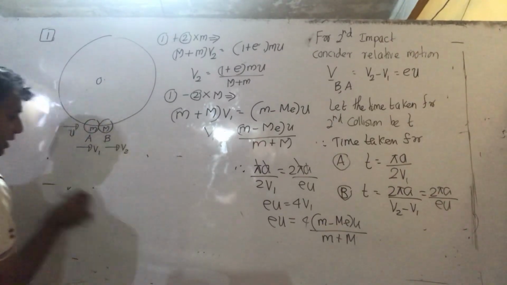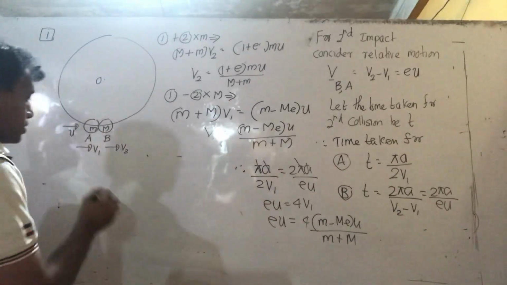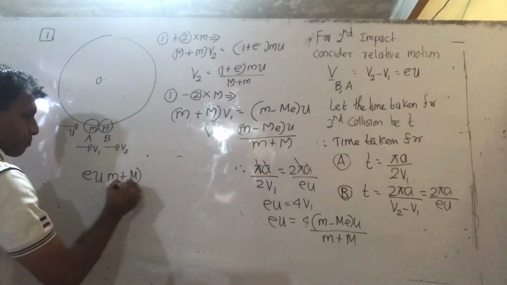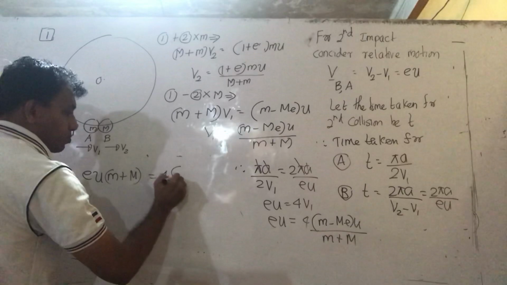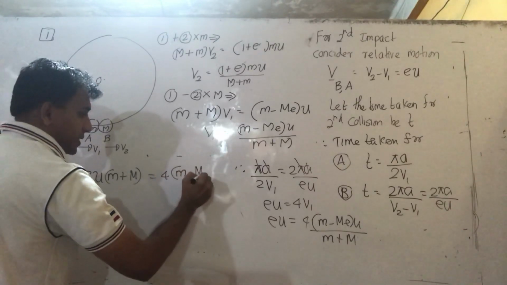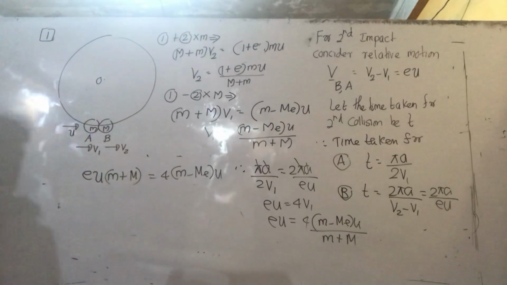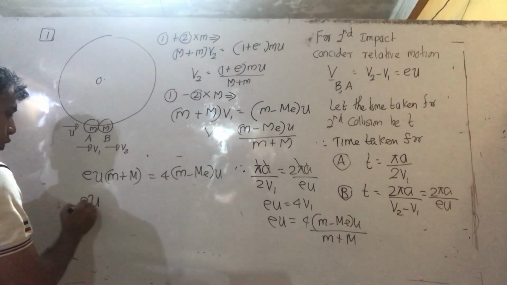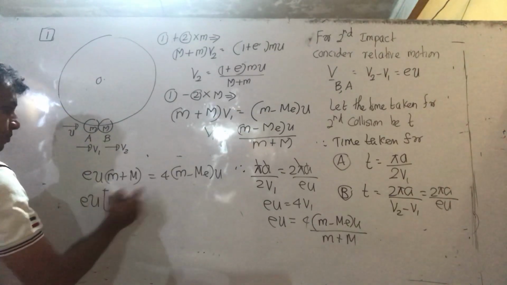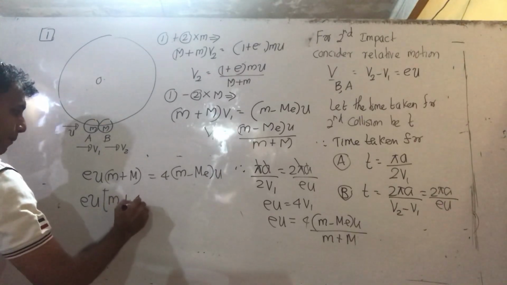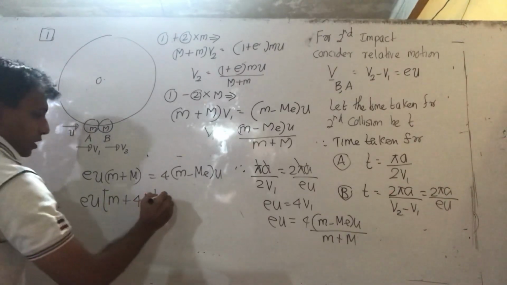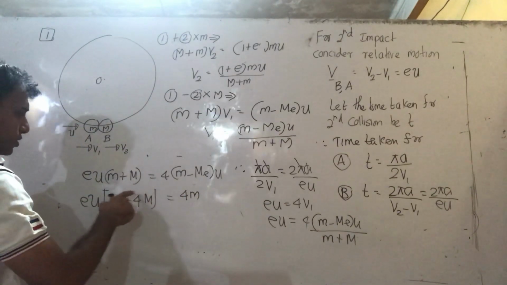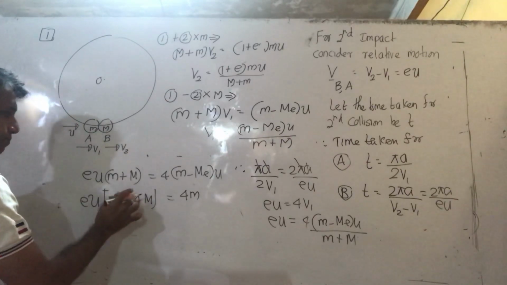So by cross multiplying, take the common E. So E into U into small m plus capital M, equals 4 into small m minus capital M, E into U. So here take the U out, EU out. Here we got small m plus, is it what, 4 capital M, EU out. The answer here 4 small m, and here the multiple is completely EU, small m plus 4M.